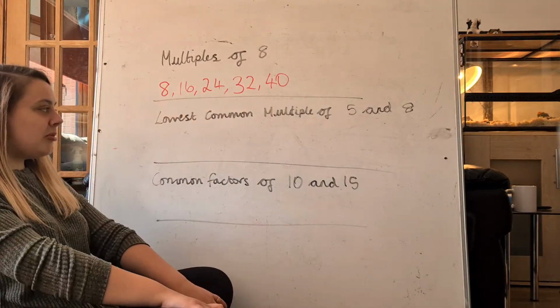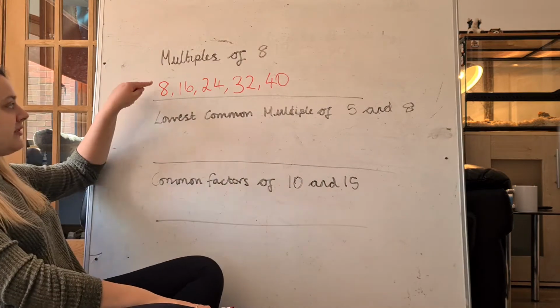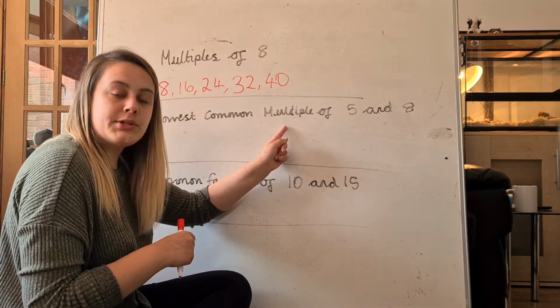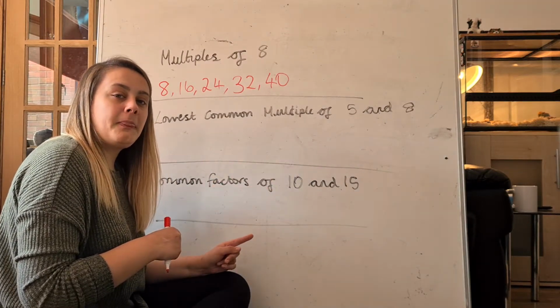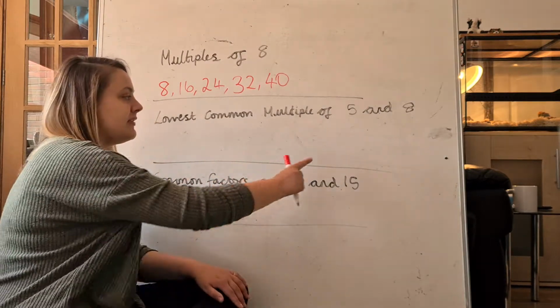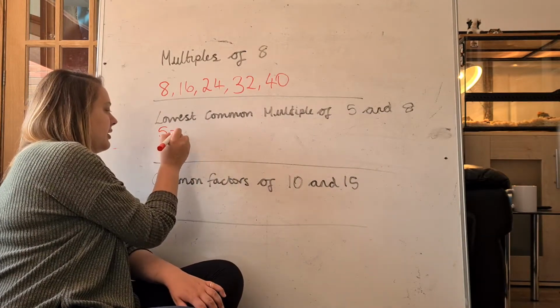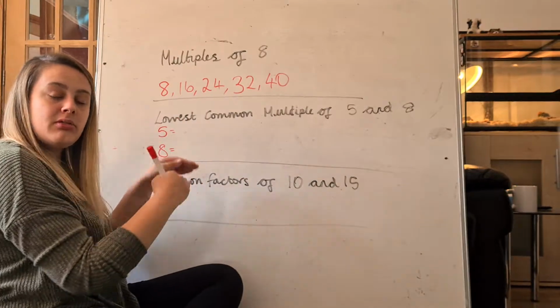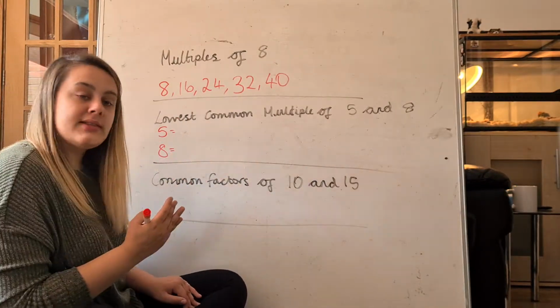So, lowest common multiple of 5 and 8. So we've looked at finding the multiples of just one number, but now we need to find the lowest common multiple. So how do we start by doing that? Fantastic. We find the multiples of 5 and then the multiples of 8, and we see which ones are common in both, and which one's the lowest number.